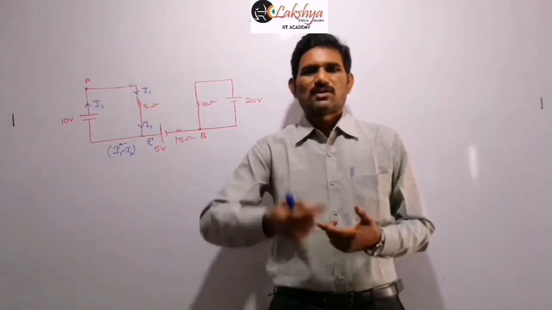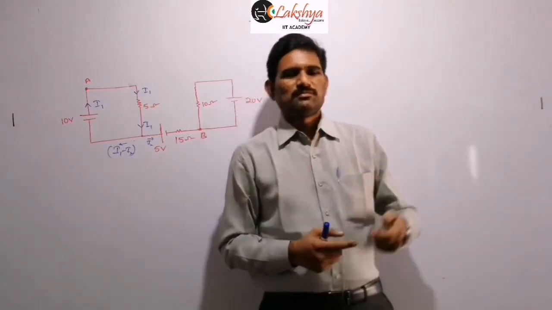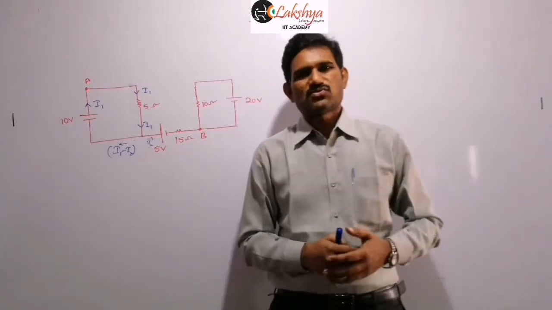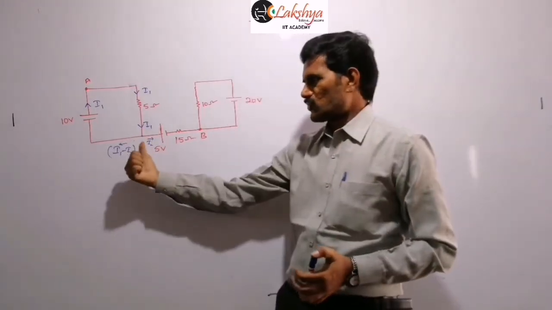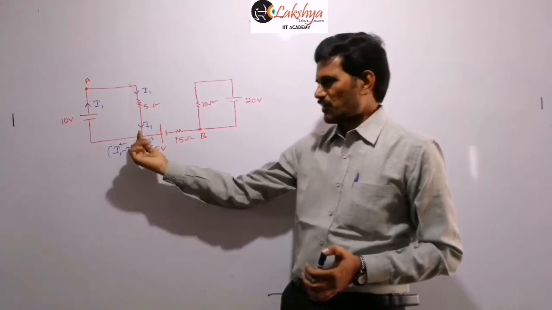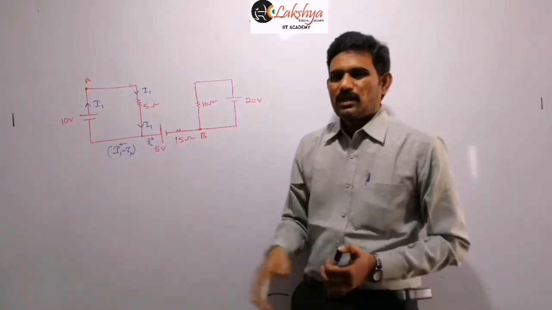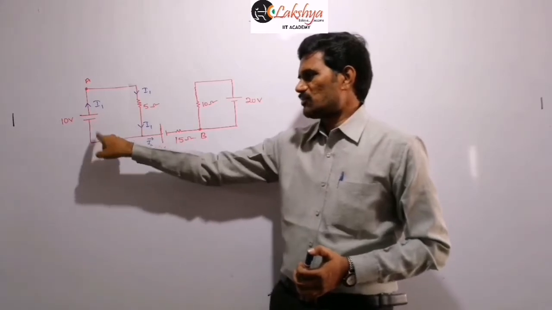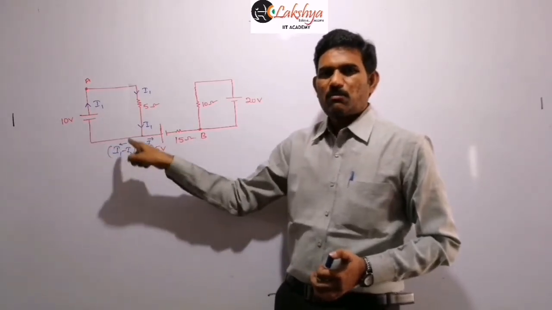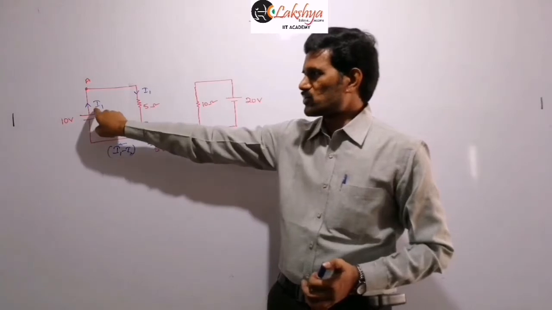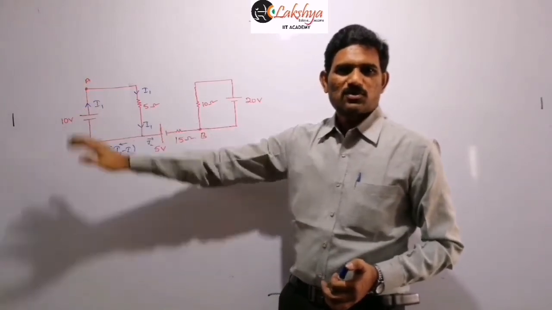So if the current distribution is like this, and some current I2 flows in this direction, then the current entering the negative terminal will be I1 minus I2, whereas the current coming out of the positive terminal is I1. Is it possible? It is not possible.